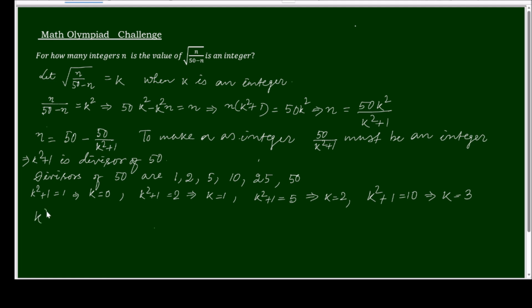K square plus 1 equals 25 does not give any value. Next, k square plus 1 equals 50, so k equals 7.